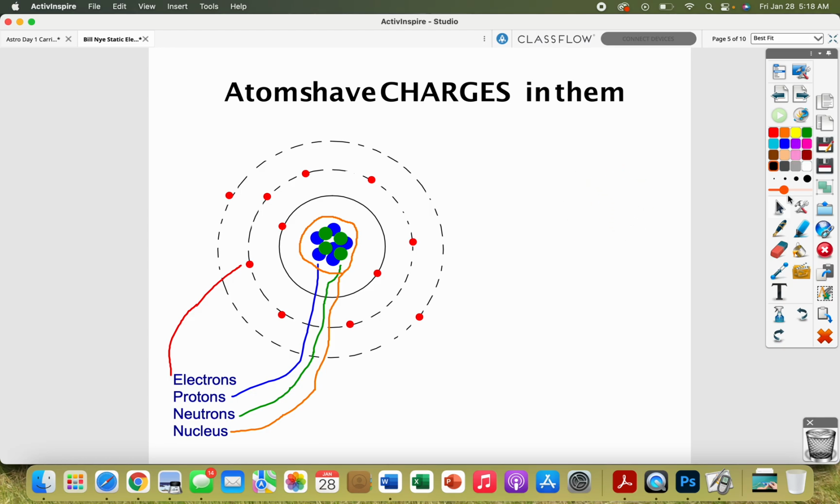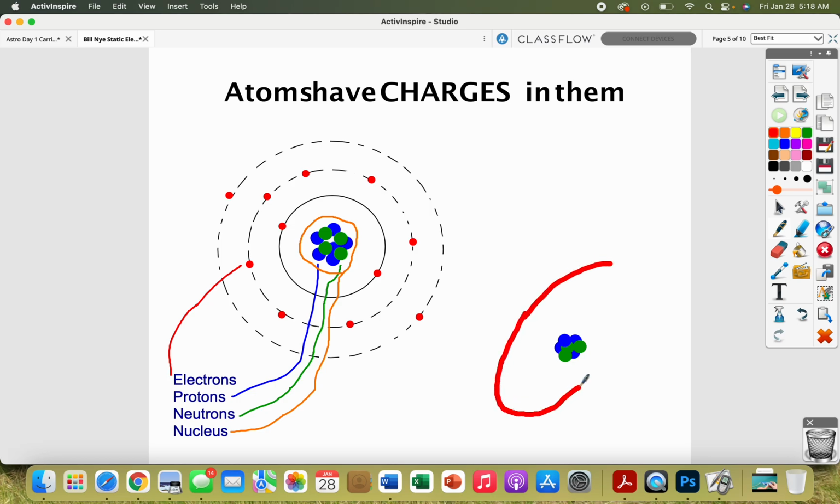So it's up here. Okay, good. So we'll draw down here. A lot of you drew something like this, where you had your nucleus, and then, let's add one more particle there, and then you had your electrons orbiting in circles around it.